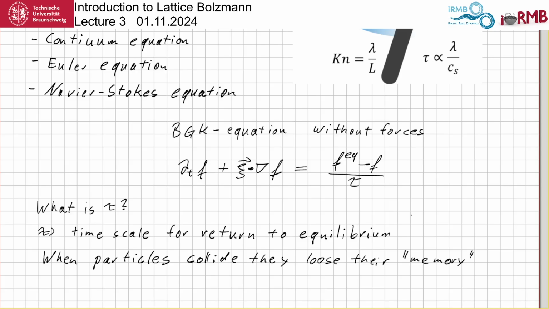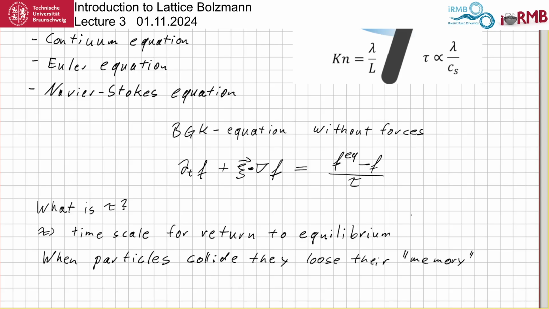So when they collide, the thing that they remember is the momentum with which all the partners went into the collision, and the energy with which they went into the collision, because this is conserved, and the number of particles is conserved.